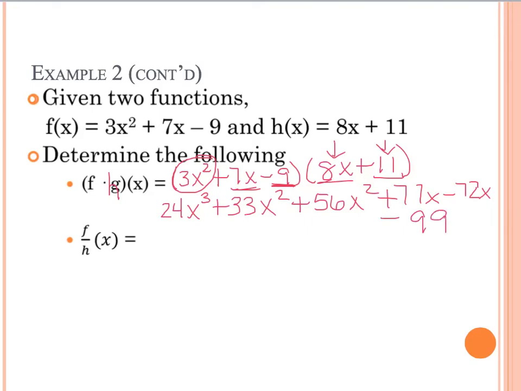And then combine like terms. So 24x to the third plus 33 and 56 is 89x squared. 77x minus 72 is plus 5x, and then minus 99.